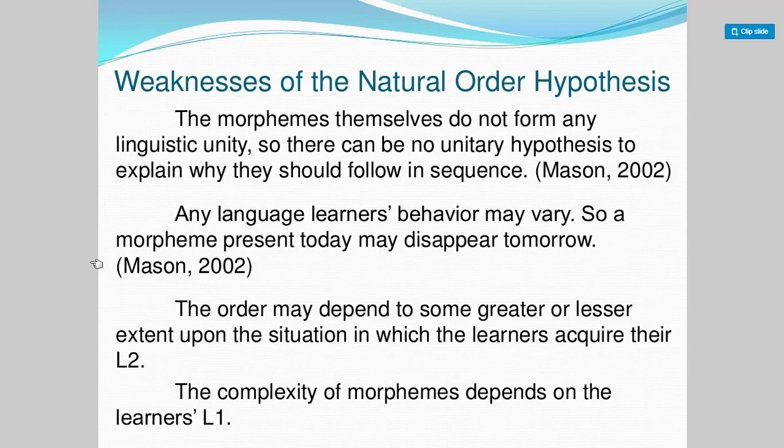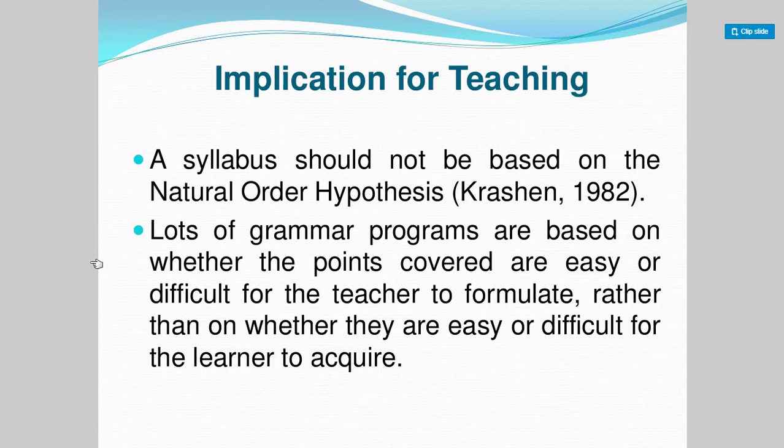Then we have Mason, 2002, who says also that any language learner's behavior may vary, as I was telling you. So a morpheme present today may disappear tomorrow, right? So right here we need to take into account what the context is going to provide, right? And so far so good. That is just the natural order hypothesis, so telling the student what to learn, right?